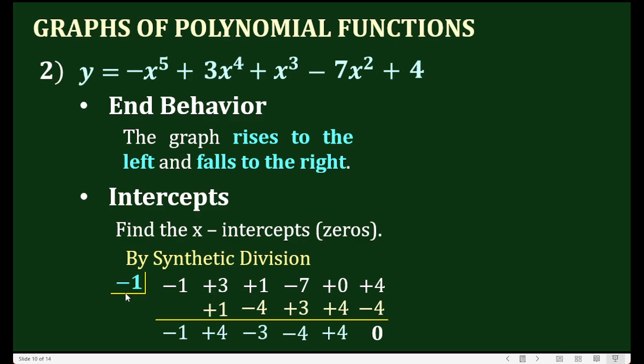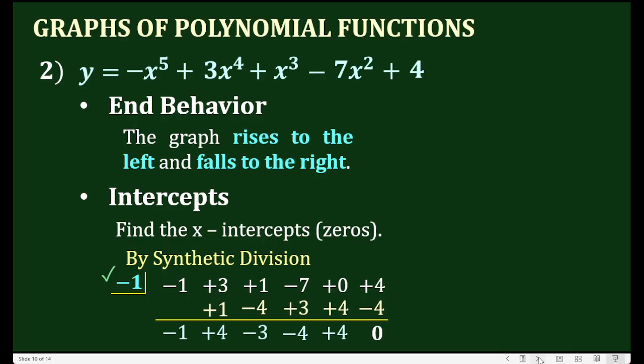Meaning there is no need for us to factor this polynomial, because this one right here is one of the x-intercepts we're looking for. So let's just keep on going with the synthetic division process. This time, we consider this next row of numbers, excluding 0, because this is a remainder.